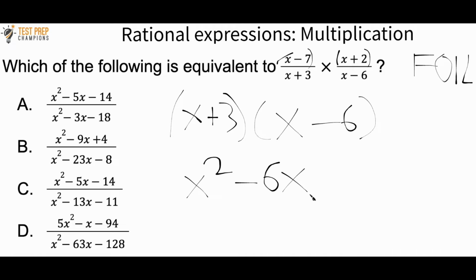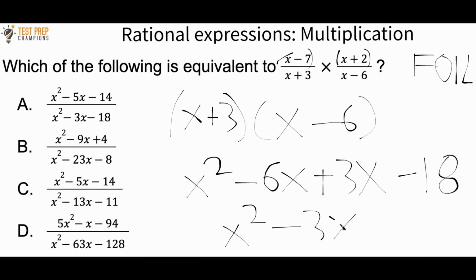Then the inner terms would be the 3 and the x. So 3 times x is positive 3x. Then the last terms would be the 3 and negative 6, which is negative 18. So I combine my like terms, and doing that gives me x squared minus 3x minus 18.